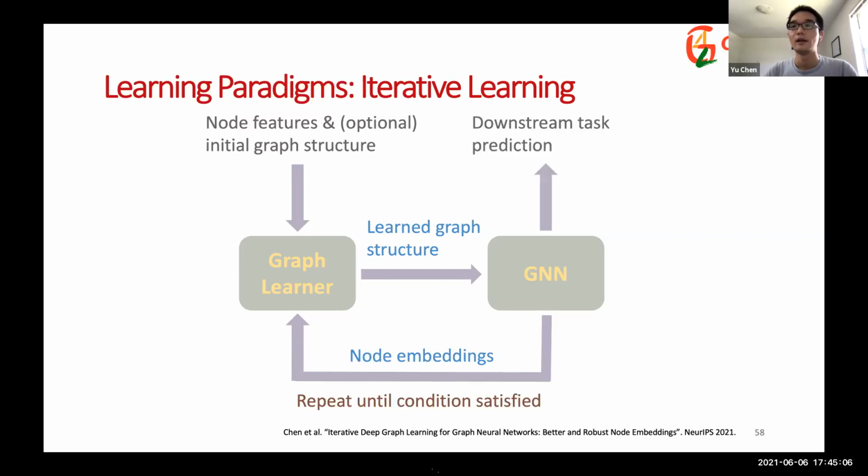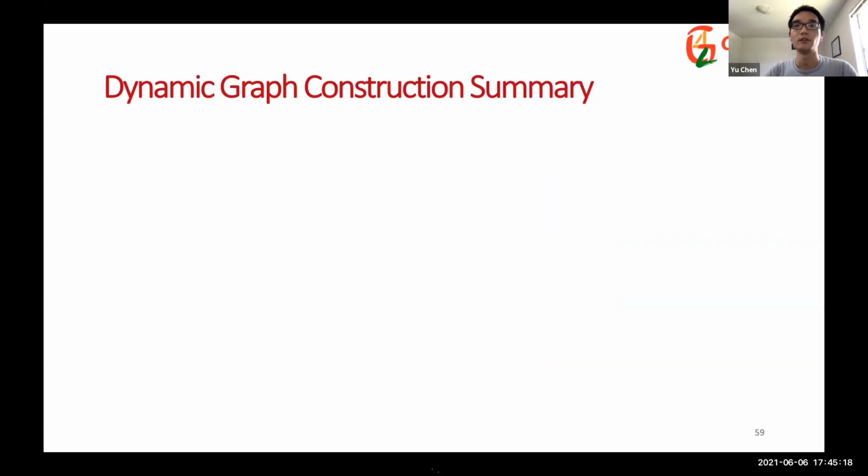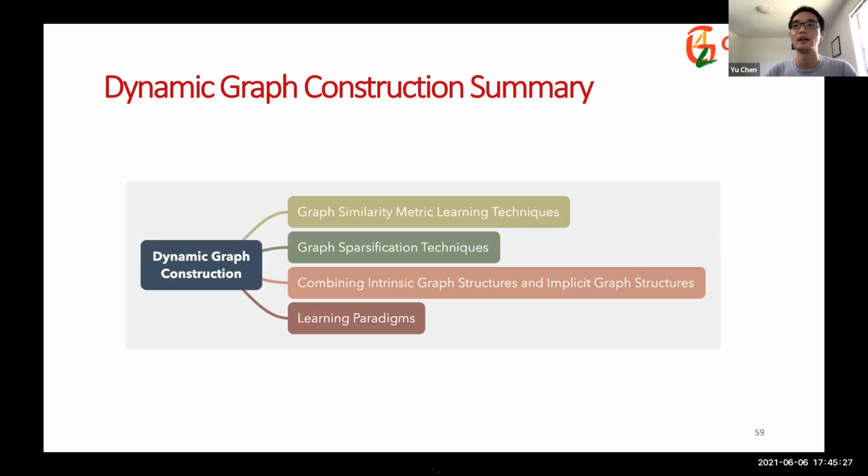As a result, this iterative learning paradigm repeatedly refines the graph structure and the graph representations towards the optimal downstream performance. So far, we have introduced various dynamic graph construction techniques, including graph similarity metric learning, graph sparsification, combining intrinsic and implicit graph structures, and the various learning paradigms.